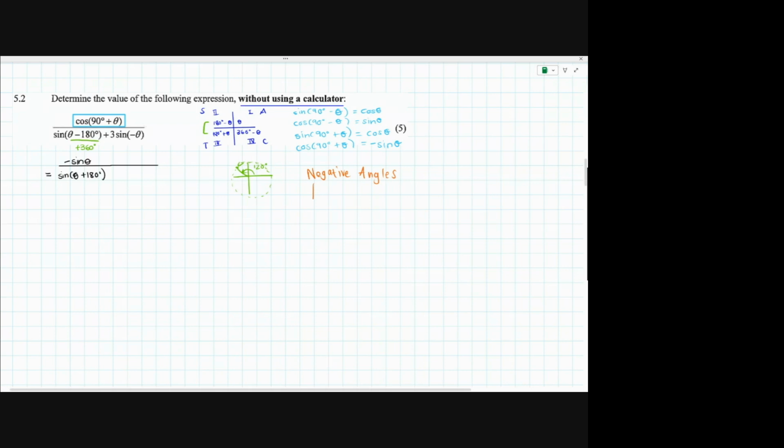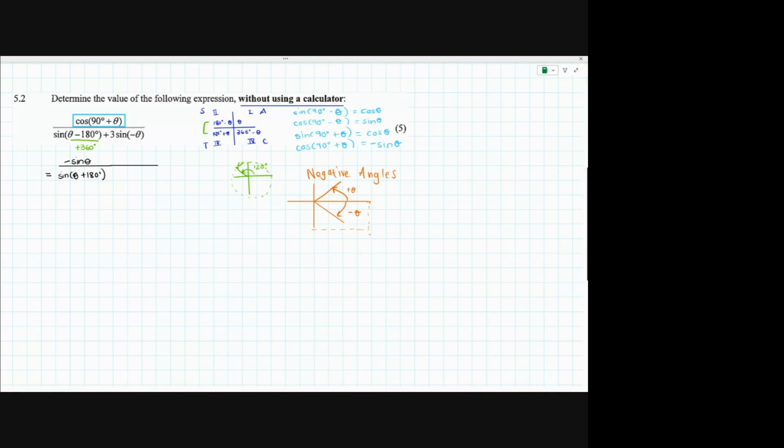Negative angles are now measured from your positive x-axis clockwise. So what I mean by that is we would usually measure an angle up like that. This would be positive. But if we now go clockwise in the opposite direction, we are now working with a negative angle. Negative angles exist here in quadrant 4.